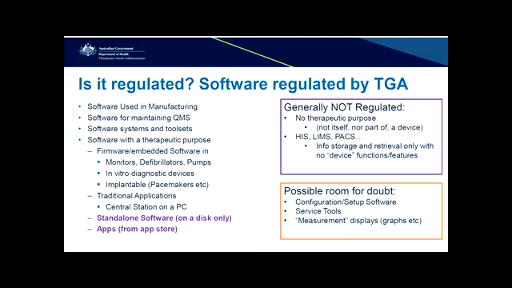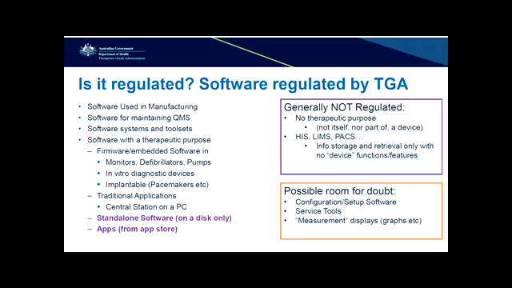HIS is Hospital Information System, there are Laboratory Information Systems, and PACS, I had to look that one up actually, is Picture Archiving and Communication Systems. Those are not deemed to be a medical device, because you only use them to store and retrieve information with no device functions or features.